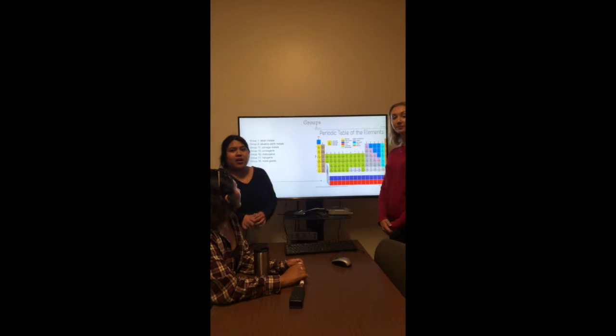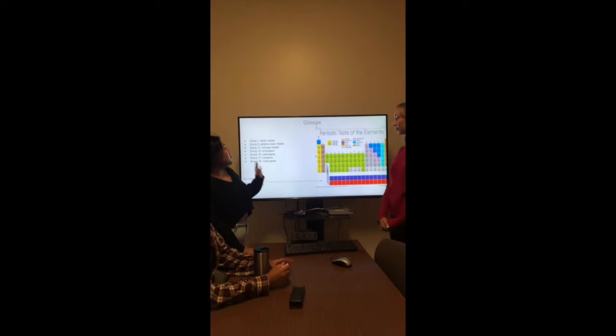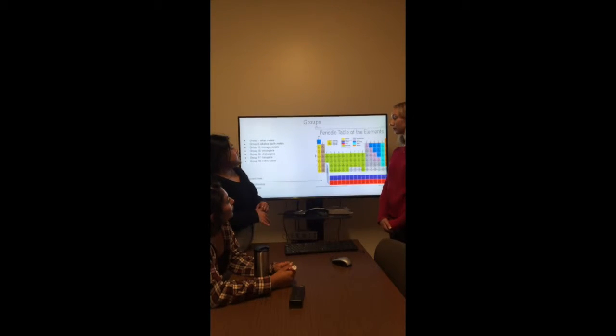Alright, so I'm going to talk about some groups that are included in the periodic table. The first group would be the alkali metals. The second group would be the alkaline earth metals, and then it jumps to group 11, which are the coinage metals, and then group 15 is the pnictogens, and then we have the chalcogens, and then the halogens, and then the noble gases.